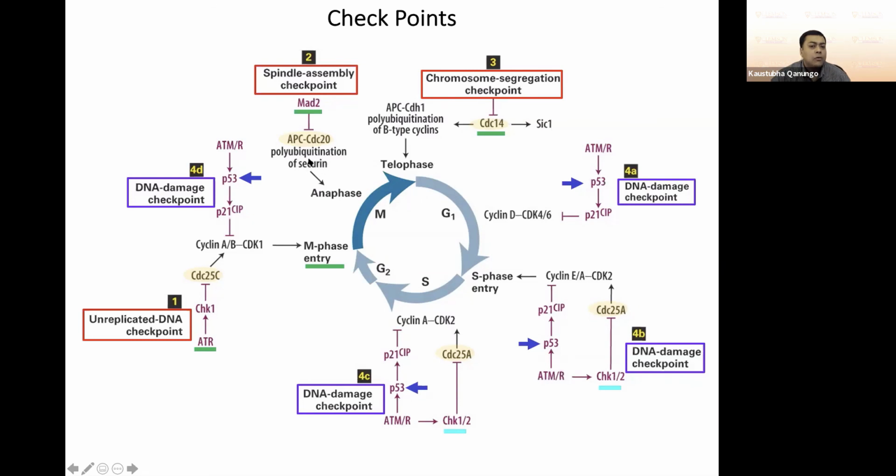So if the sister chromatids are not able to separate, they will not go into mitosis. So that's your spindle assembly checkpoint.